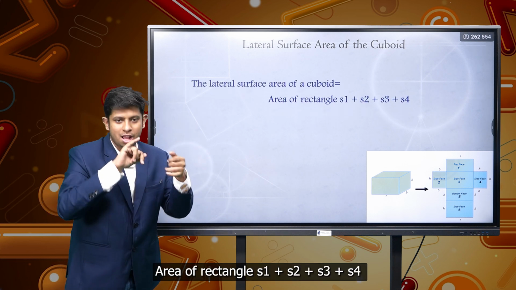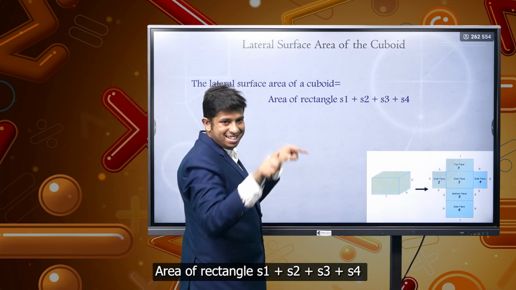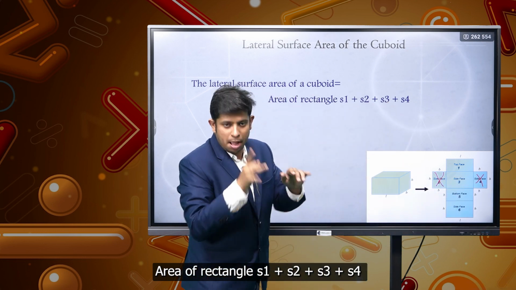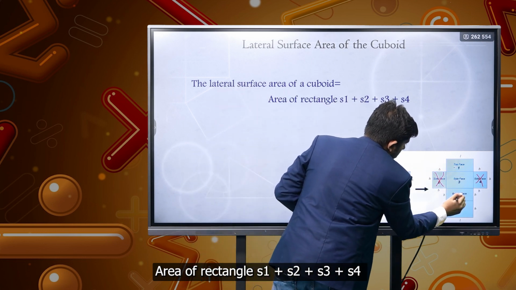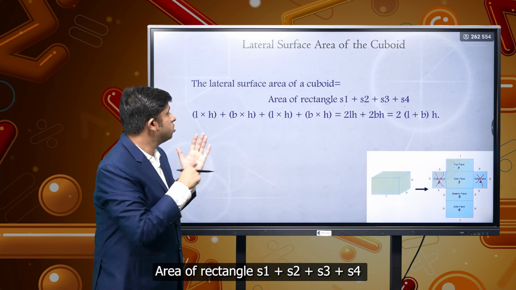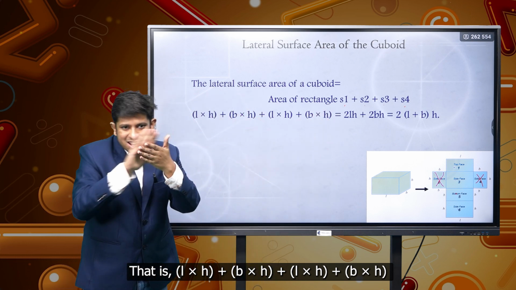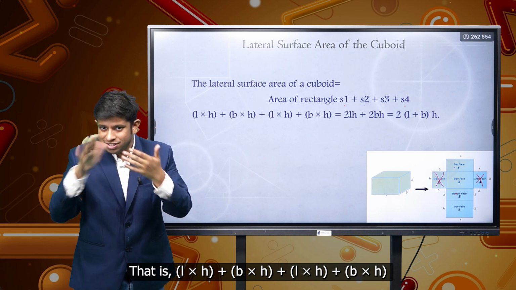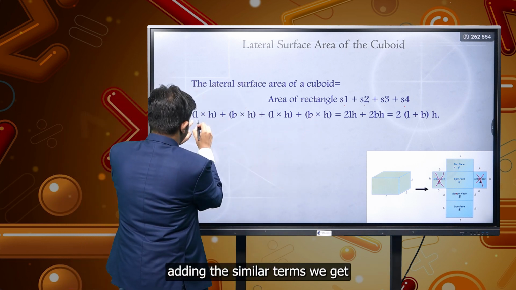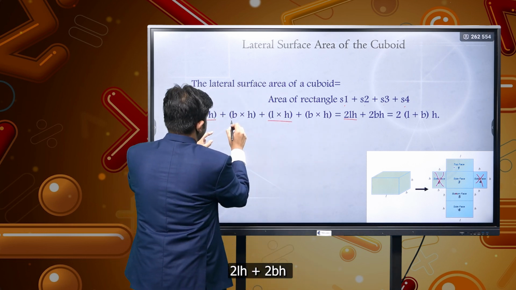Area of rectangle S1 plus S2 plus S3 plus S4. That is L into H plus B into H plus L into H plus B into H. Adding the similar terms, we get 2 into LH plus 2 into BH.